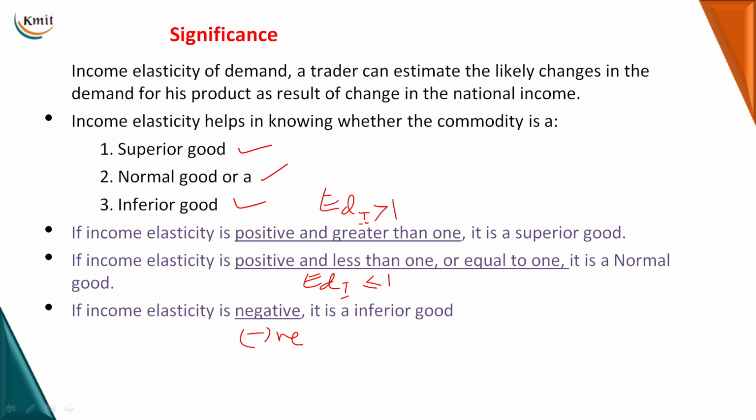If the calculated value of income elasticity is greater than 1, it is positive and it tends to be a superior good. If the elasticity of demand for any particular product is positive and less than or equal to 1, it is considered as a normal good. If income elasticity of demand is negative, it is referred to as an inferior good.